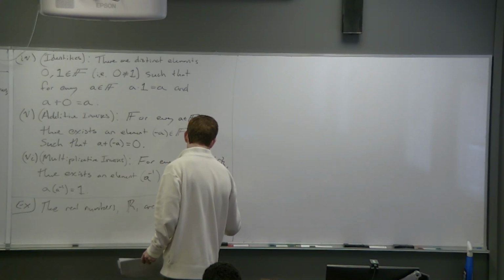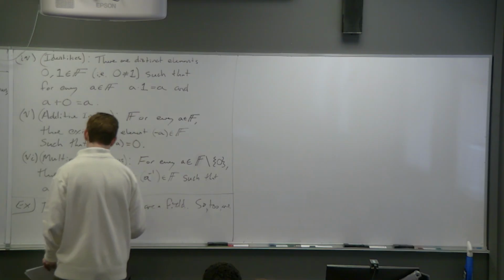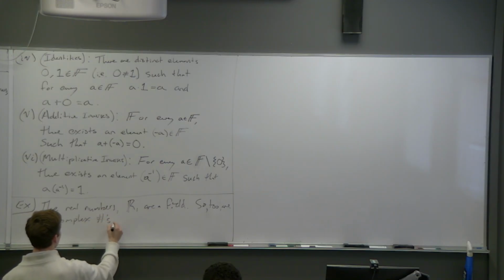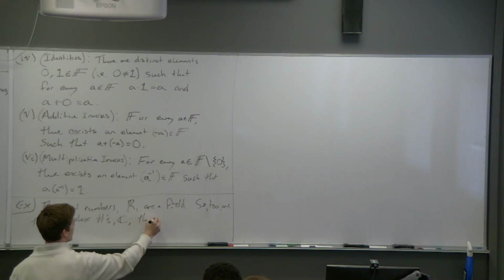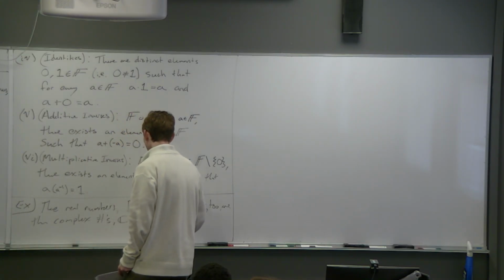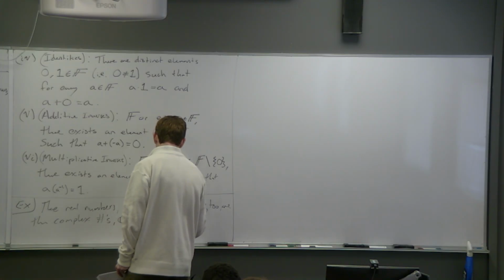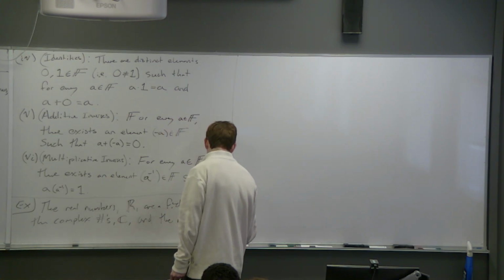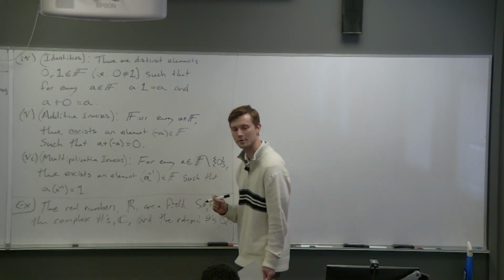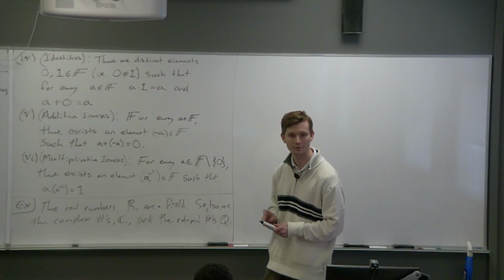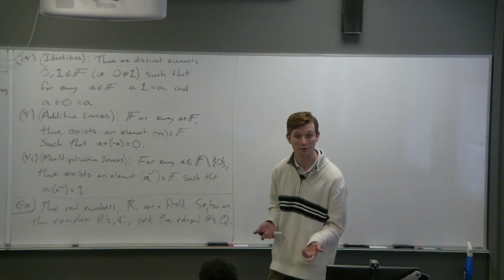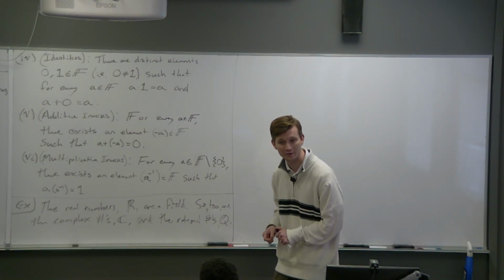So too are the complex numbers C, and the rational numbers Q. Okay, the complex numbers, the rationals, the reals, all of them fields. Great. Can you think of a common set of things with an addition and a multiplication, perhaps regular old addition and multiplication, that is not a field?